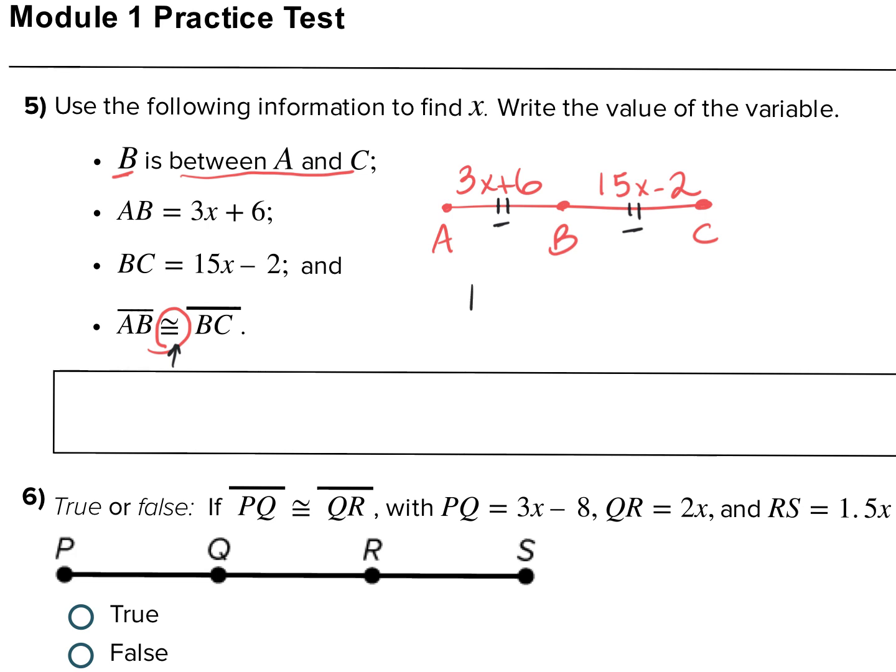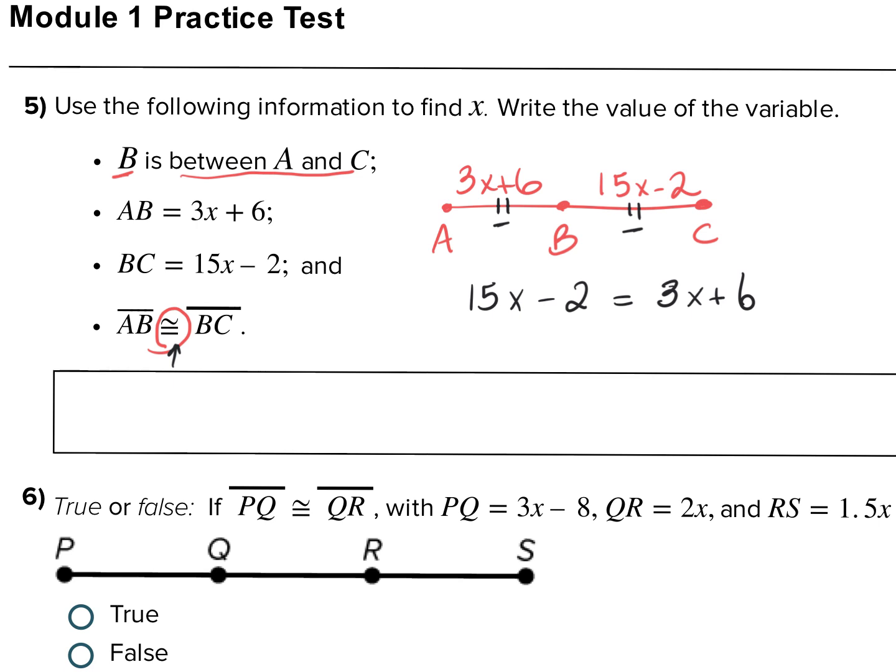So again, they're equal, so it doesn't matter which one you list on the left and which one you list on the right. But I like to keep my variables positive, so it's better to put the larger number in front of x to the left. Okay. And from here, we have a multi-step equation.